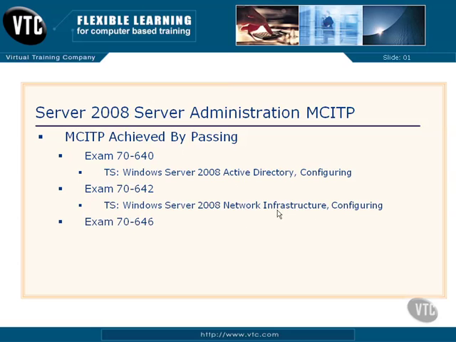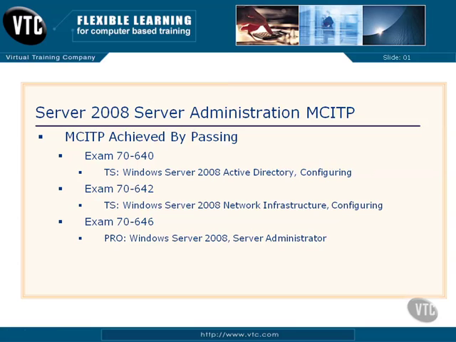Then the big one comes along, 70-646, and notice this is the pro level exam. Microsoft shows the 640 and the 642 as prerequisites, and then you take the 646, which is a more general overview of how everything works together for how you administer a 2008 server.